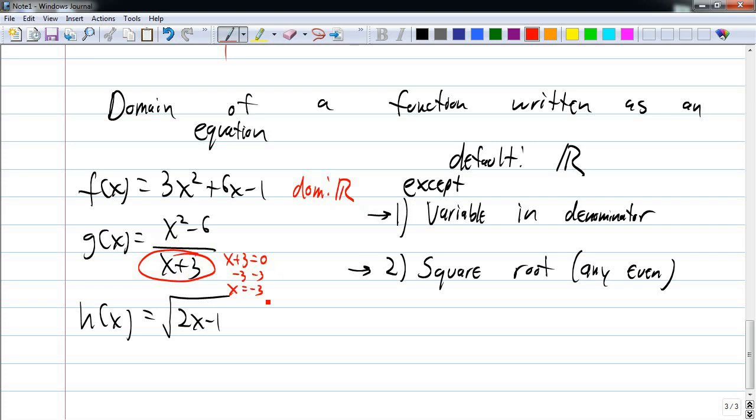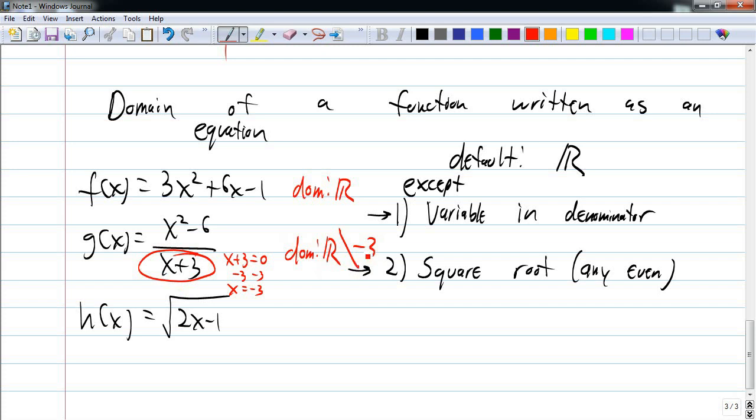And that's negative 3. So my domain is all reals except for negative 3, because that would put a 0 in the denominator. Okay? So if you have a variable in the denominator, this is what you do. Look at the denominator, figure out when it would equal 0, and take that out of the domain. All reals except for negative 3.